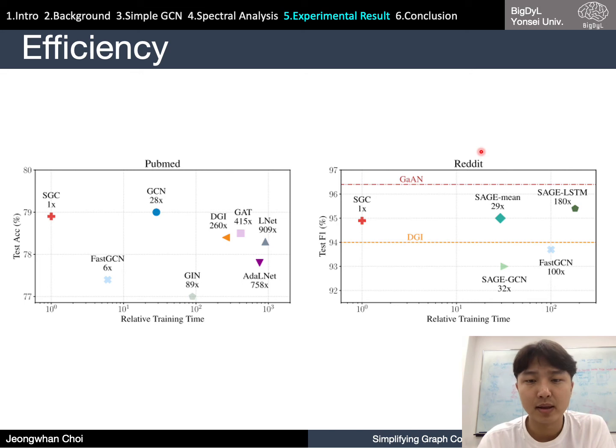SGC minimizes memory usage, and SGC only learns a single weight matrix during training. These two figures show that SGC can be trained up to orders of magnitude faster than the fast sampling-based method here.